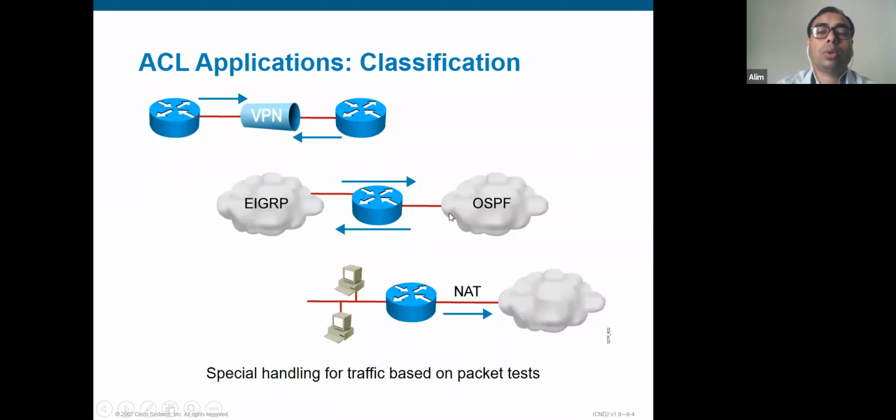If we want to exchange routing information between them, we have to allow it, or sometimes we have to block it. Say we don't want OSPF related updates through the router, then we will block the port that is used for OSPF.